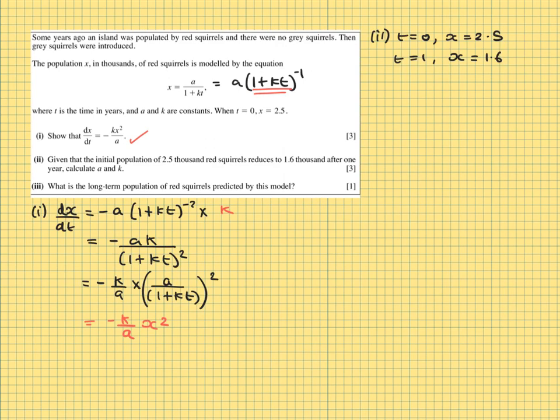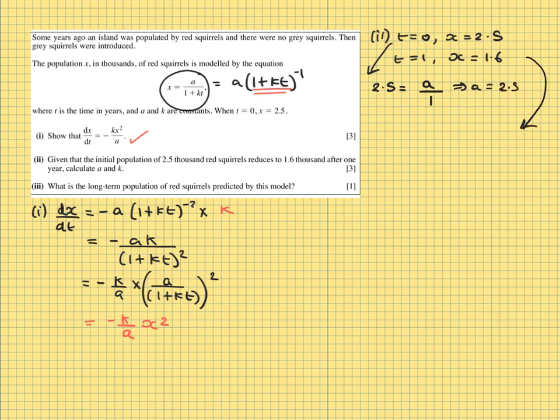So we have this information here. Let's sub in the first piece of information. So that tells us that when t equals 0, x equals 2.5. So if I substitute into this result here, 2.5 is equal to a over 1. t is 0, so kt is 0, so a equals 2.5.